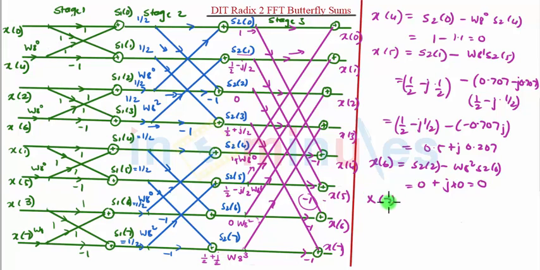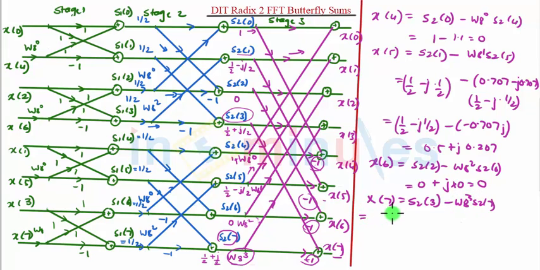x of 7, that is this point, has input from s2 of 7 and another input from s2 of 3, that is this point, and s2 of 7 is being multiplied by W raised to 3 and again the minus 1 factor. All the factors are multiplied. So the answer is s2 of 3 minus W raised to 3 s2 of 7.